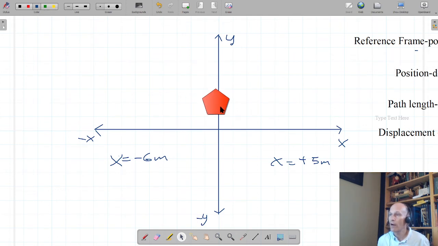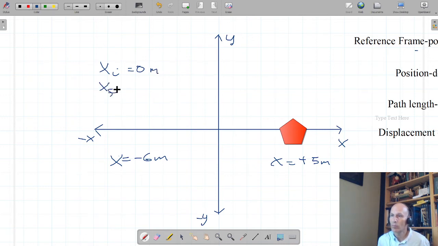Okay, so now if I put my object here and I move it, I can end up lots of different places. Let's say I end up at 5 again. 1, 2, 3, 4, 5. If I move it straight over here from 0 to 5, then I might write that as x initial equals 0 meters, and x final equals 5 meters.